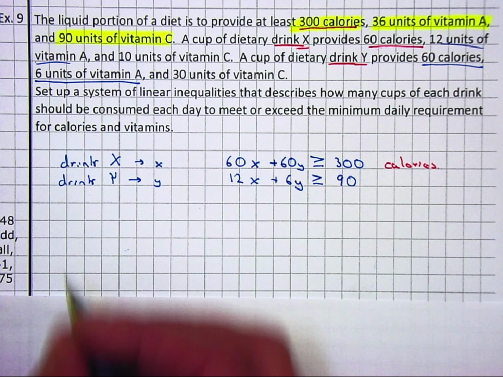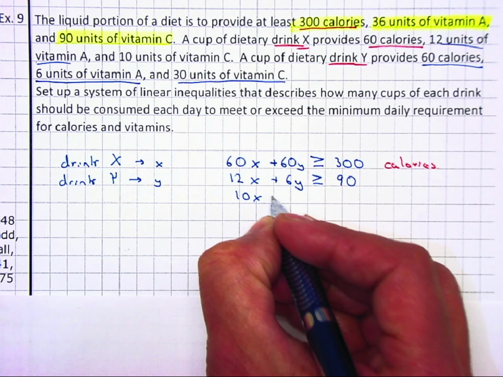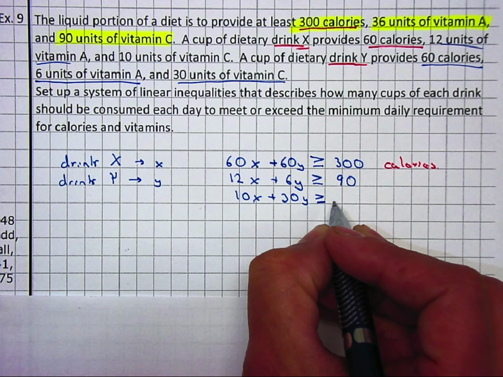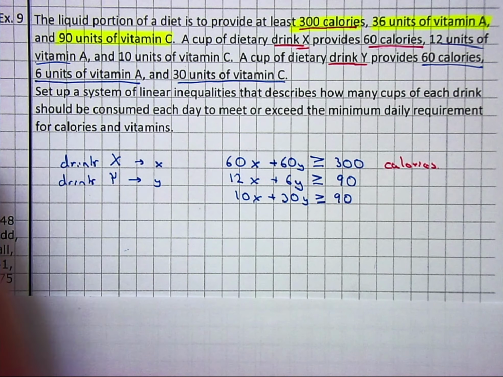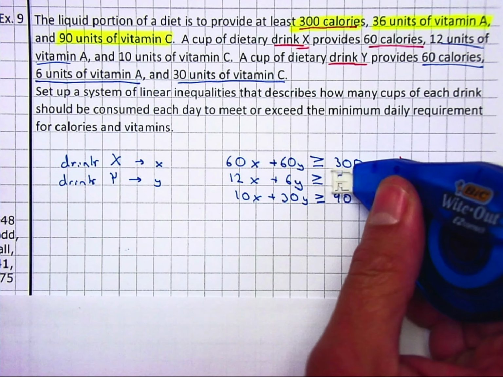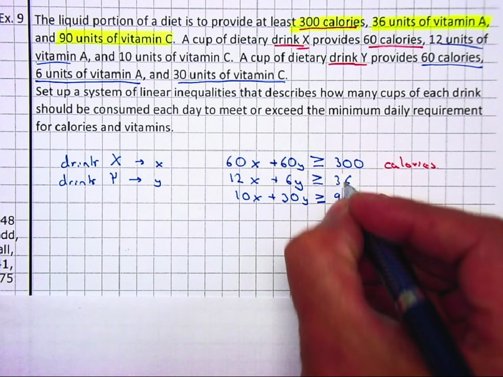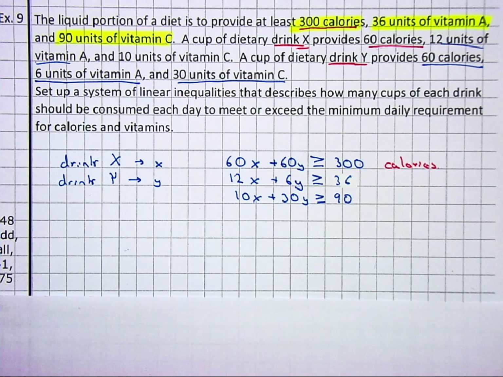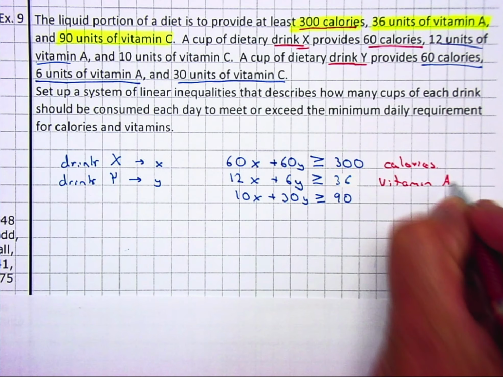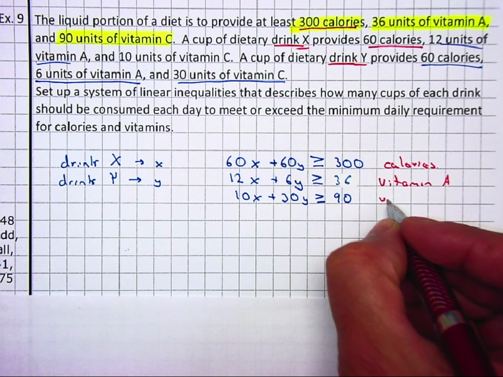And the last one will be vitamin C, so it'll be 10x plus 30y has to be greater or equal to 90. Thirty-six is your vitamin A, and 90 will be your vitamin C.